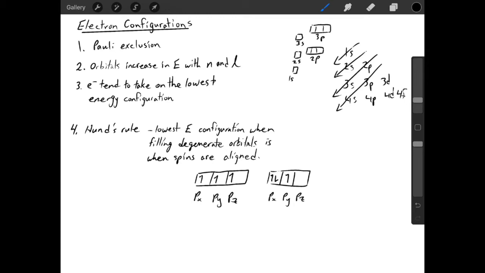Even though both of these p subshells have 3 electrons, the one on the left has all 3 spins facing in the same direction, so all spin 1/2 or all spin minus 1/2. And the example on the right has spins paired.